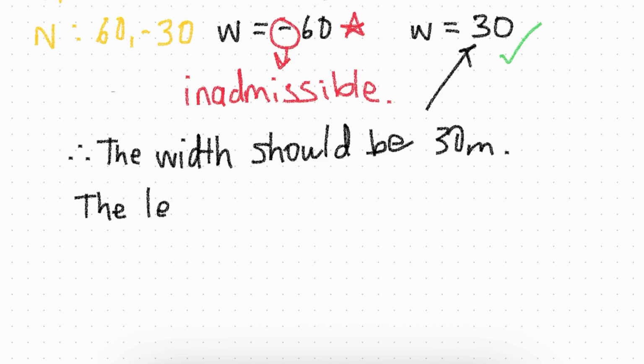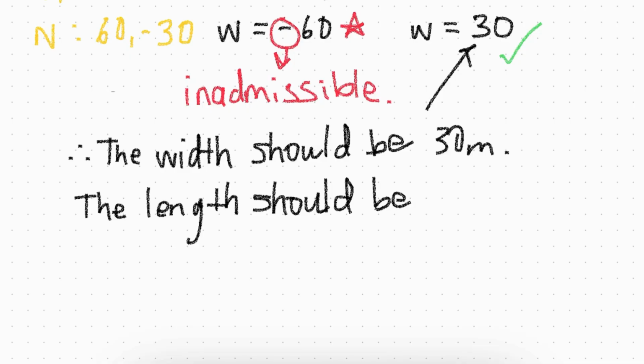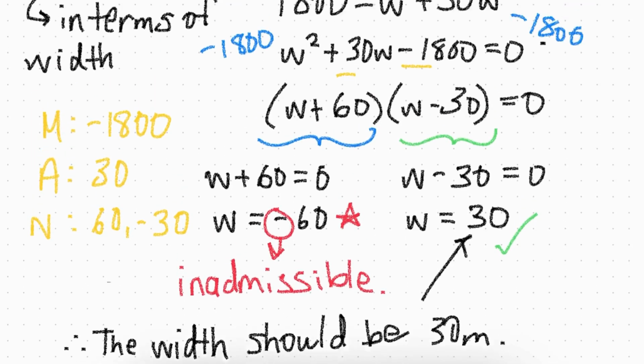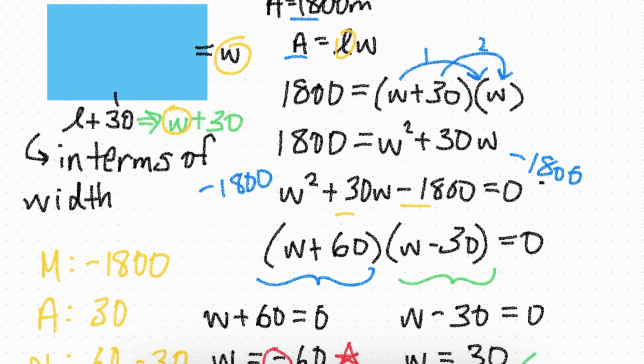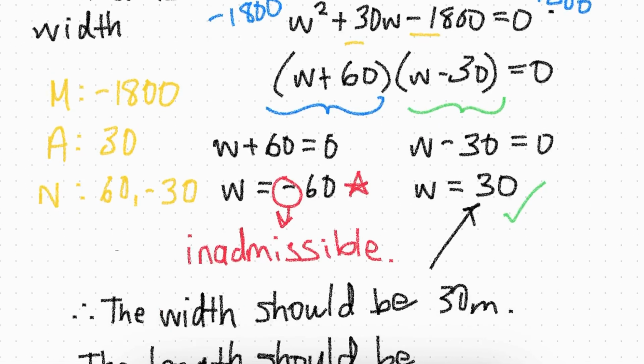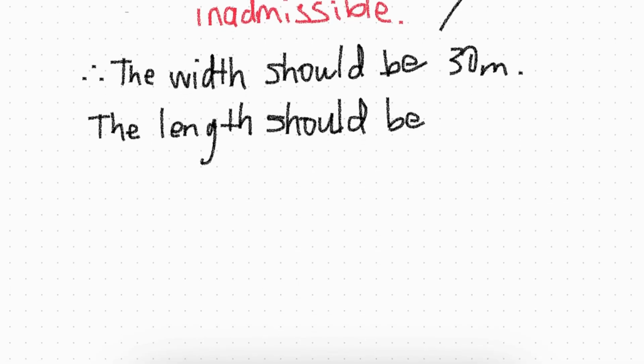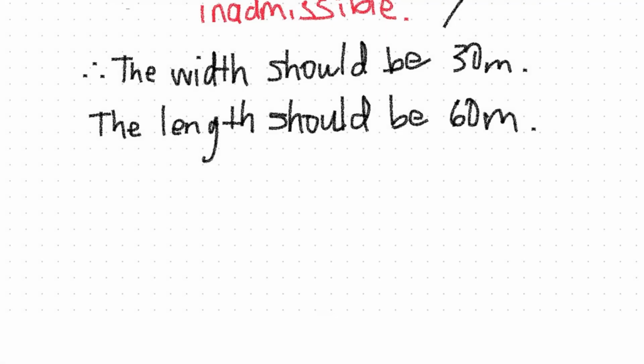And for the length, we can say that the length should be, and I'm just going to finish writing out this last sentence here. If you remember what we let the length be, that was represented by W plus 30. We know what W is. If we sub in 30 for W plus 30, we get 30 plus 30, which is 60 meters.